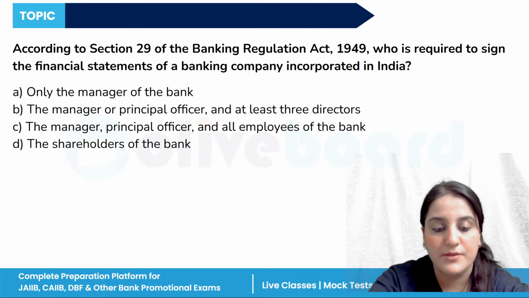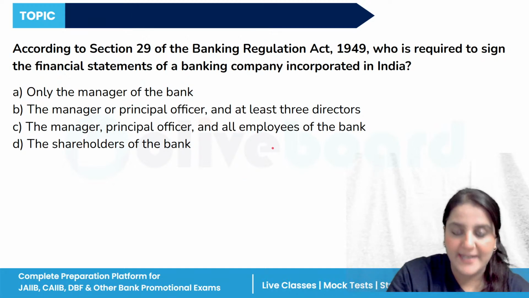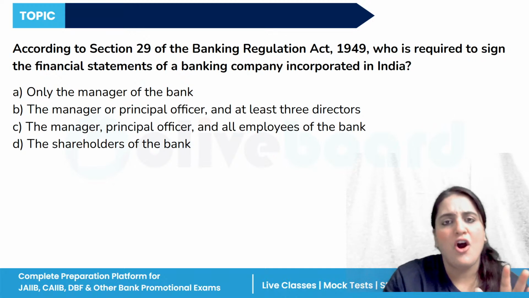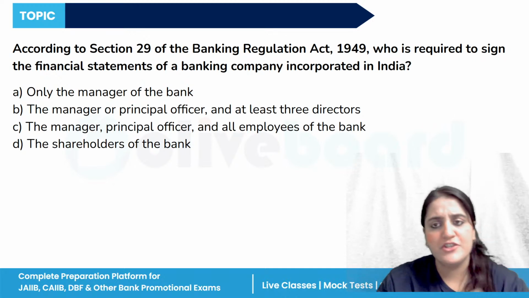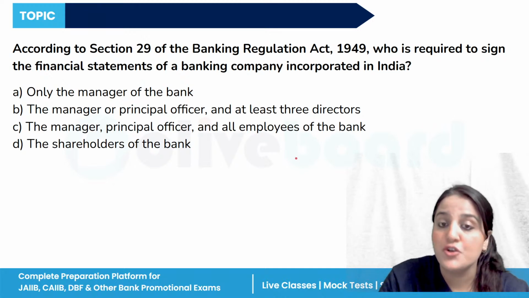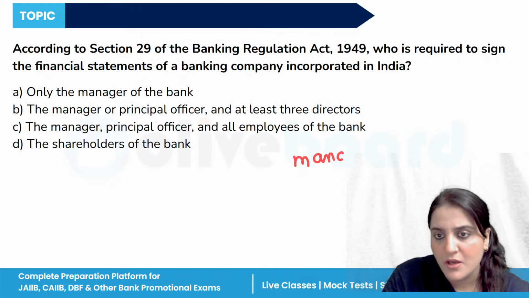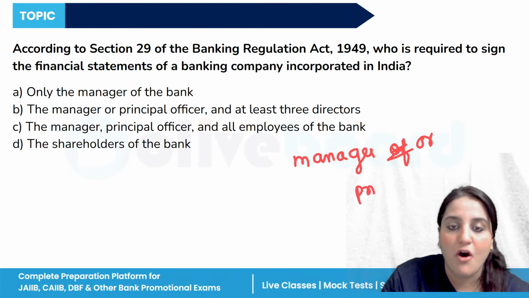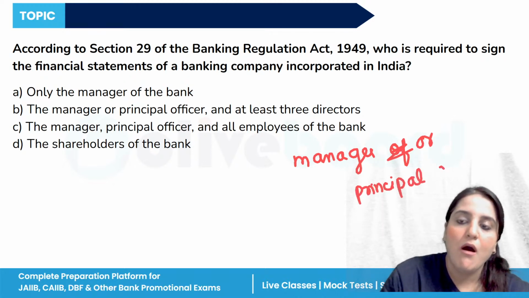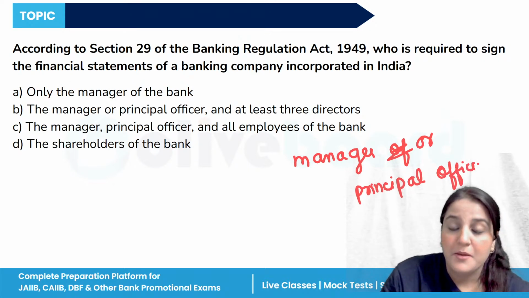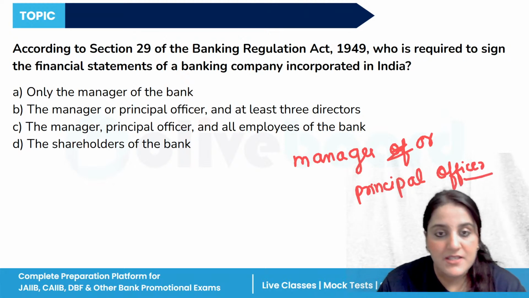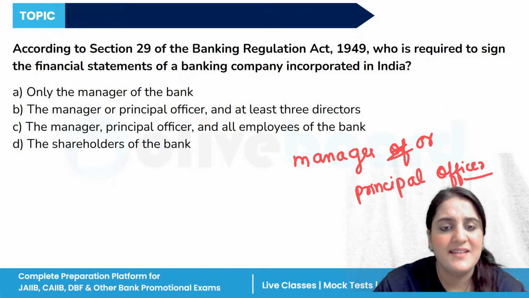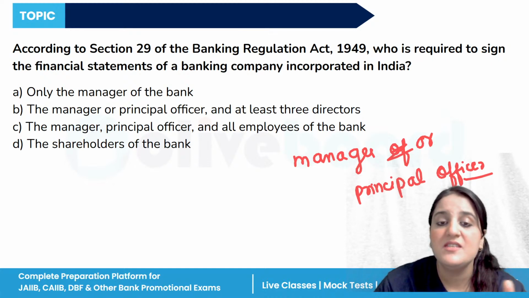Okay, B. See, Section 29 of the Act requires that the financial statements of a banking company incorporated in India should be signed by the manager or principal officer of the banking company and by at least three directors, in case the number is not less than three.